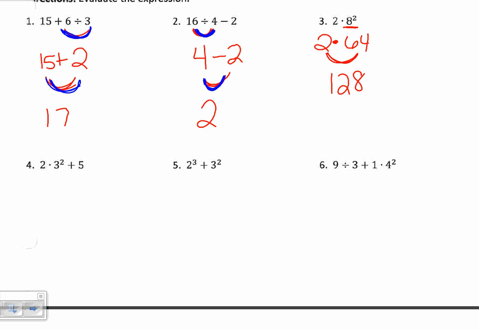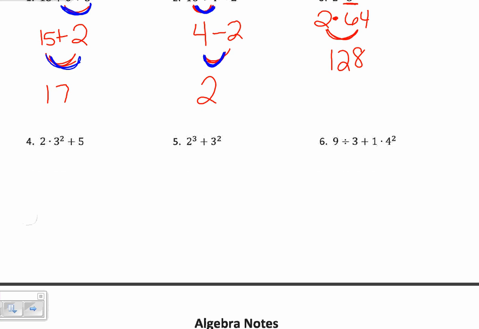Alright, let's try a couple more down here real quick. Let's write our thing again so we can see it. Please excuse my dear Aunt Sally. Remembering that multiplication and division happen together. Same thing with addition and subtraction. So number 4. I have no parentheses, but I do have an exponent, so that has to come first. 3 squared is 9.